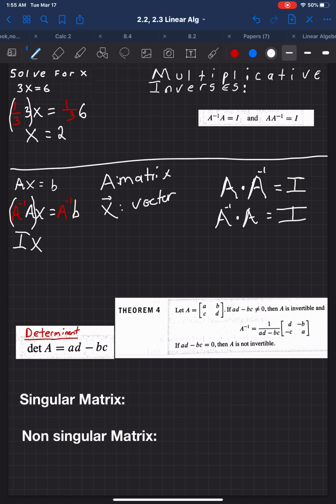So I times X is equal to A inverse times B.